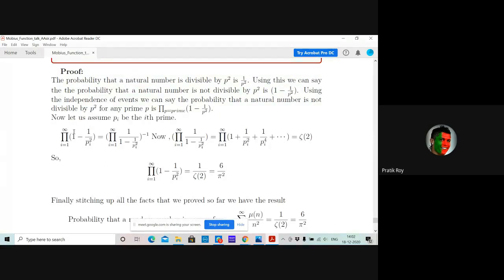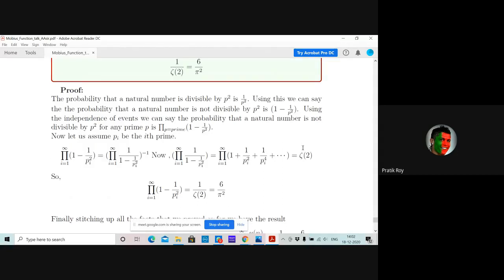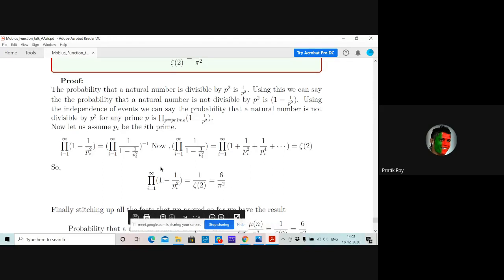Okay, we know that the product of 1 minus 1 by p square is related to the Euler product representation of zeta 2, and zeta 2 is nothing but the summation of 1 by n square, n equal to 1 to infinity. Sorry, I've made one mistake here.